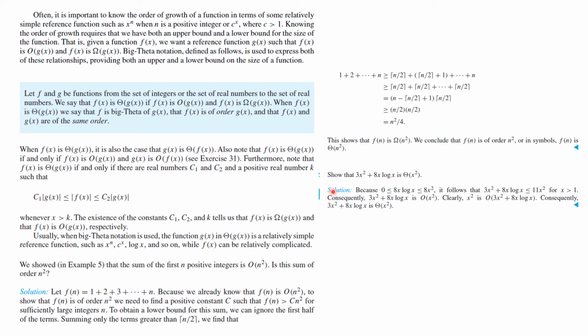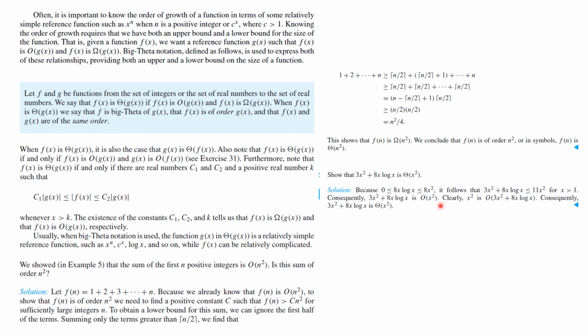Now here's another problem for us to talk about. Show that 3x squared plus 8x log x is theta of x squared. Well, 8x times log of x is between 0 and 8x squared. So it follows that 3x squared plus 8x log x is less than 3x squared plus 8x squared, which is 11x squared, for x greater than 1.